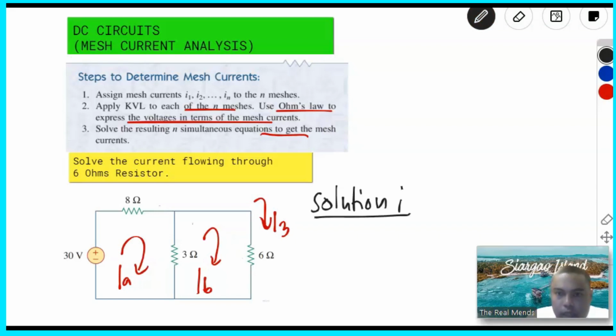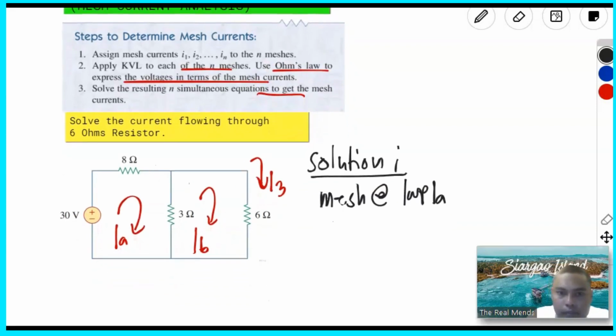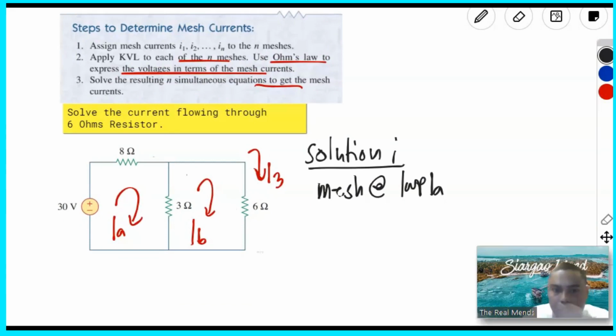So first is apply mesh to the loop A. Okay, so mesh at loop IA, and again this is also known as the mesh current analysis.